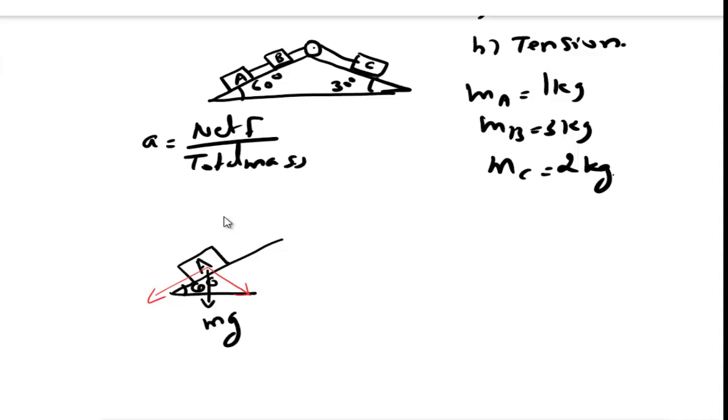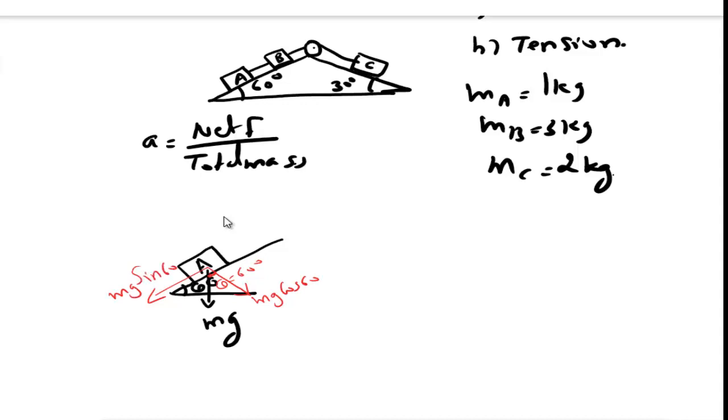If this is theta, since this is an inclined plane, this side also will be theta. So this is equal to 60 degrees. While dividing it into two components, we get mg cos 60 and this will be mg sin 60.